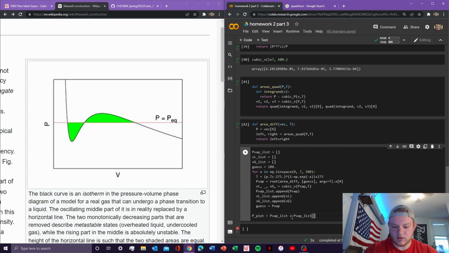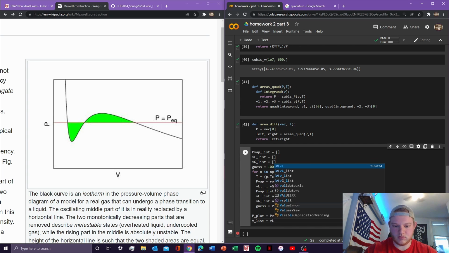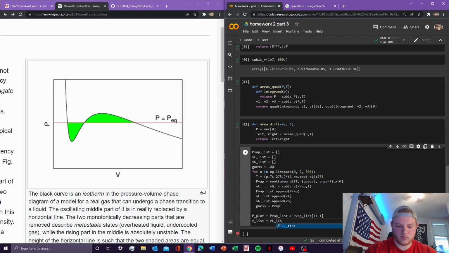Basically it's doing both, but one is on the opposite side, so it creates the whole envelope. And then v list equals v liquid underscore list plus v gas underscore list.